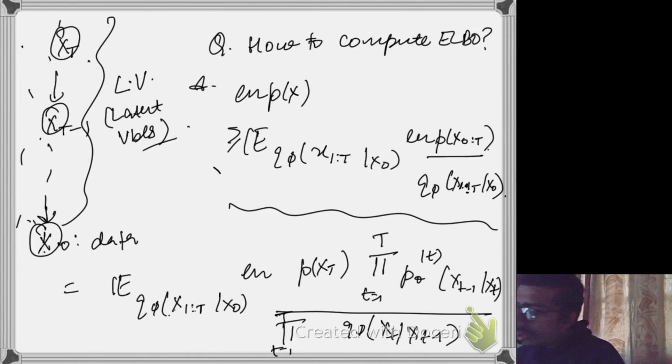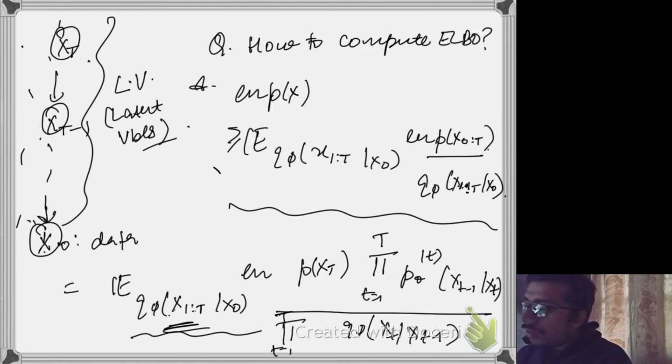Okay. So now, since we have a product inside the log, we can break it up into a sum of terms. Then we'll try to combine the terms from the numerator and denominator. Overall, this looks like an expectation over capital T variables. If you have to compute this expectation using Monte Carlo sampling, you'll have to sample capital T variables, and if you do that, you are going to have high variance.